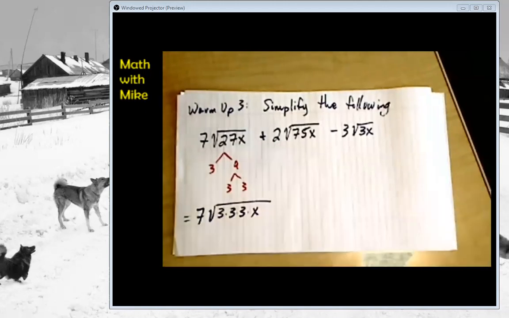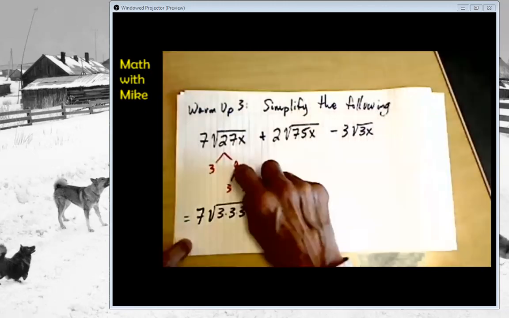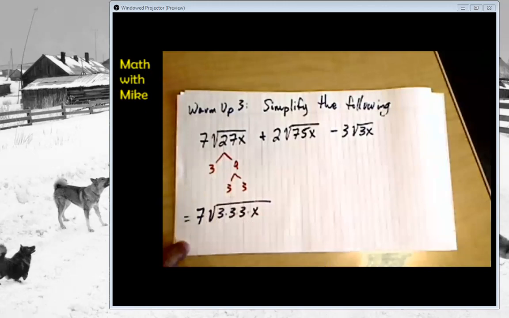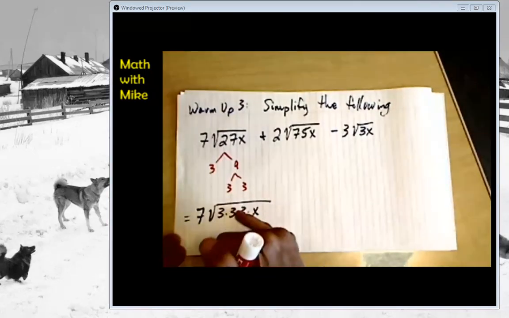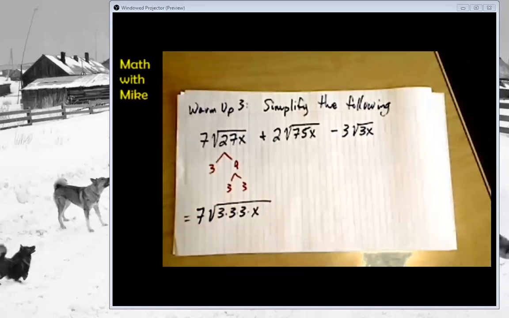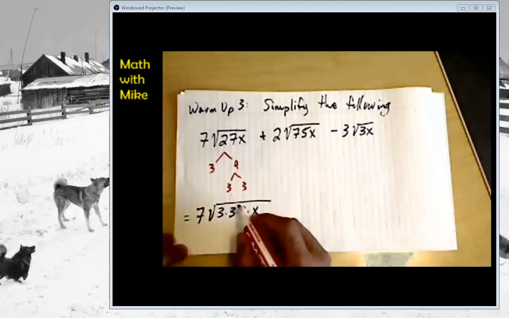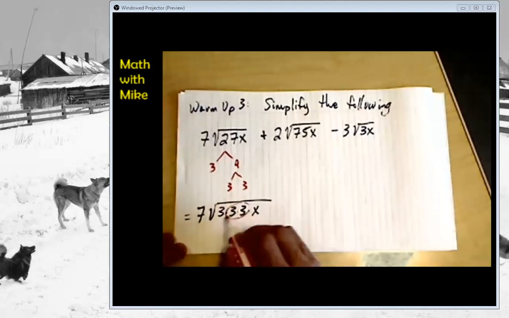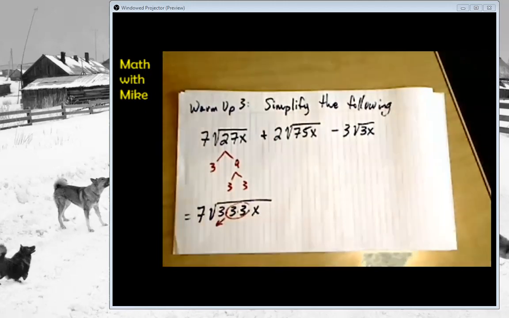What next? 9 turns into 3, 3. Yeah, okay, we can continue with this. So what do we do? 2 3s are out, that's right.